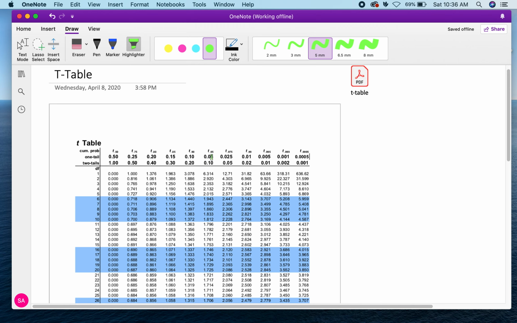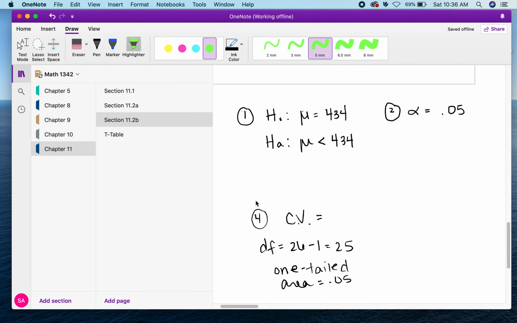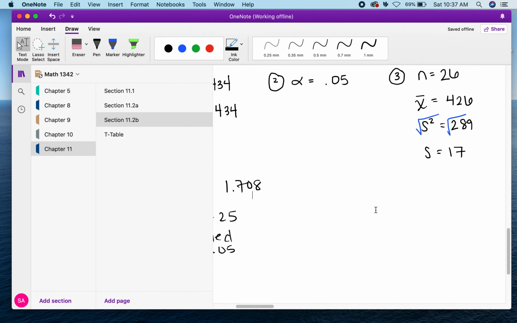And then we go down to the degrees of freedom, which was 25. So that's all the way down here. 1.708. Ooh, I should take off the highlighter. There we go. 1.708.